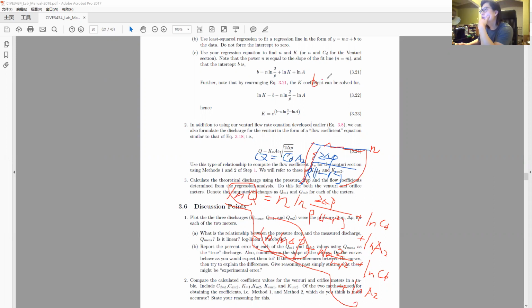So our intercept B equals n log 2 over 1 minus r squared plus log CD plus log A2, because this part is your new intercept B. So we take the CD to the left-hand side, and the equation for CD can be easily derived.